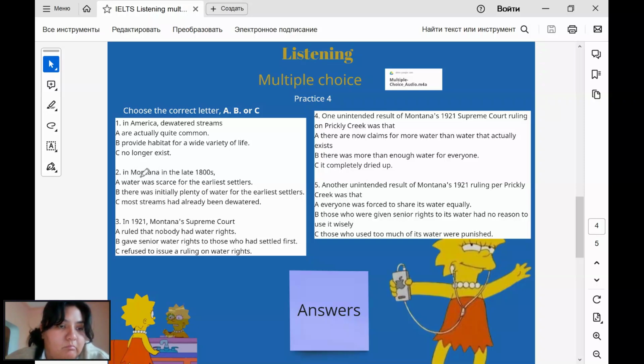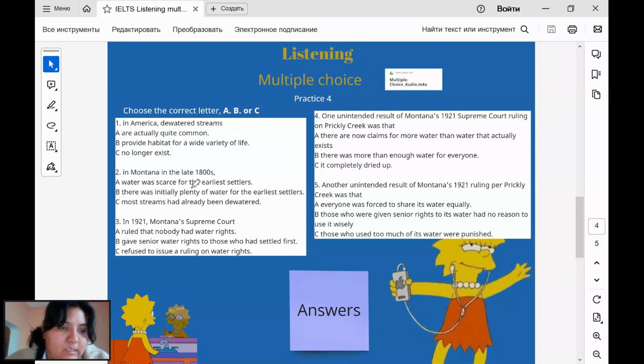So, Montana, I think this is very rare because they are mentioning the right area that they're talking about. And late 1880s, this is an exact point of time. So let's see the options.